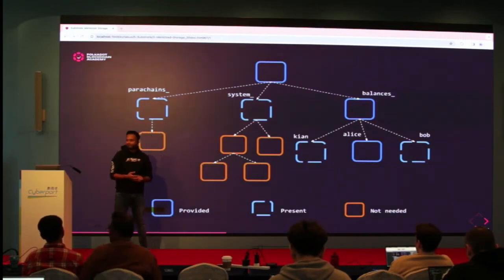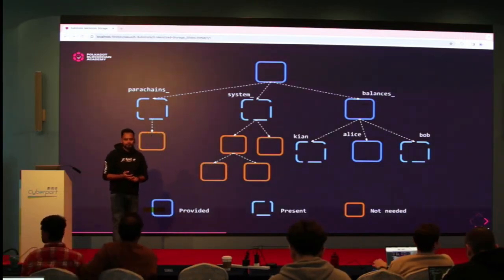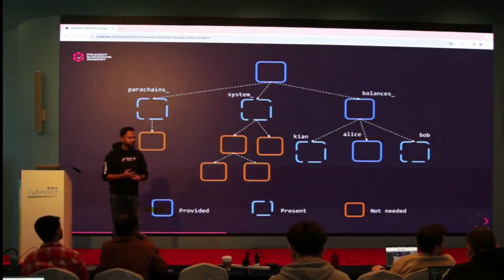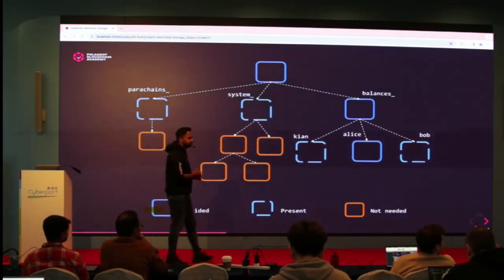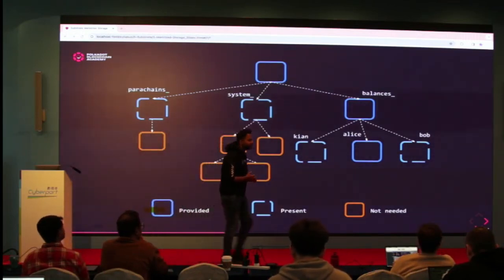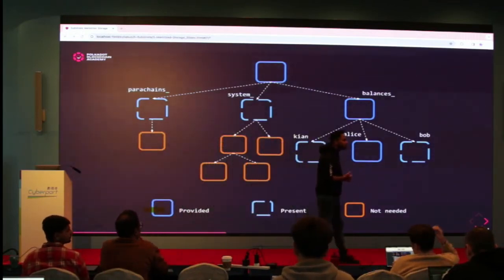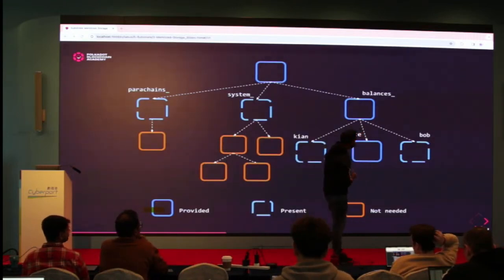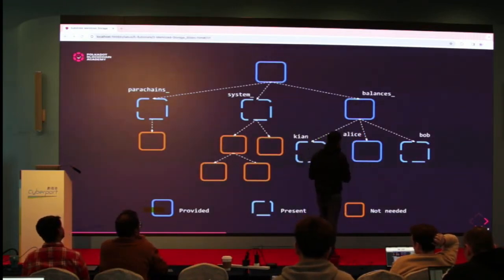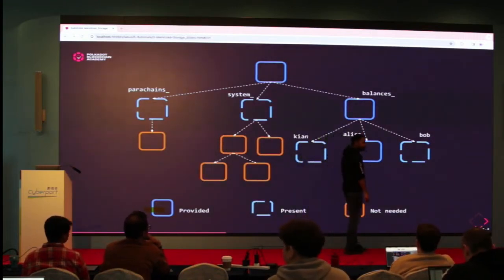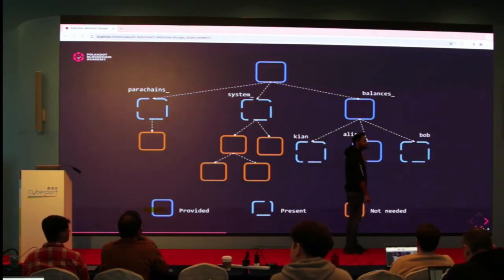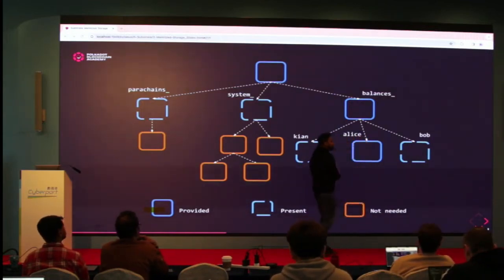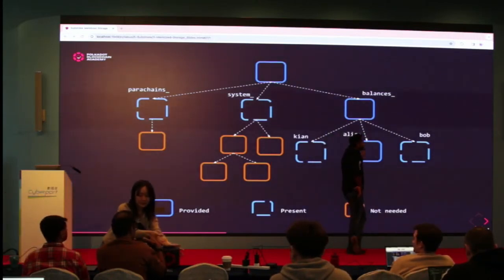So in theory, we don't need Kian, Alice, and Bob because we already have balances, right? Let me think. It's the hash of all of them already, right? And we have the system. Yeah, but you don't know which key.